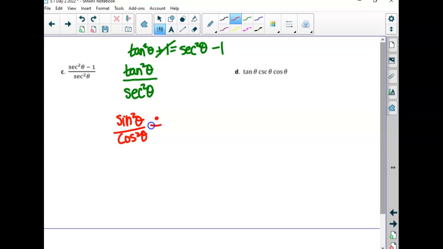And it's currently being divided by, what is secant squared, guys? 1 over cosine, and it's squared. So then when you flip it over, to change the division to multiplication by a reciprocal, what did we end up with?